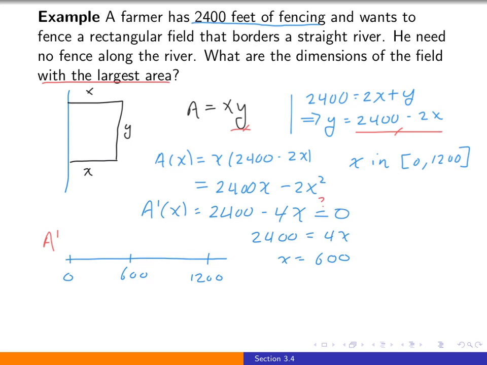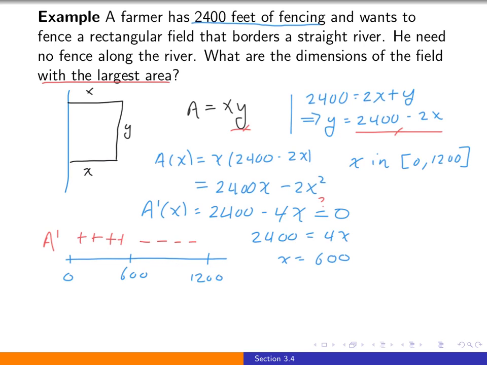And I want to know what is the sign of this function A prime. Well, looking at 2400 minus 4x, if I plug, let's say, 0 in, we would get back something positive. So A prime is positive to the left of 600. If I plug in something to the right of 600, let's say 1000, then we would have 2400 minus 4000, which means A prime is negative.